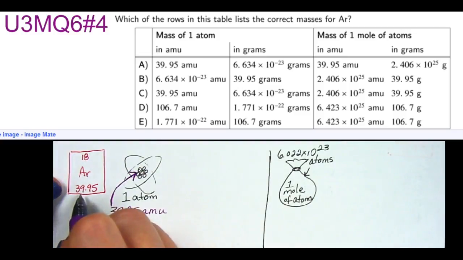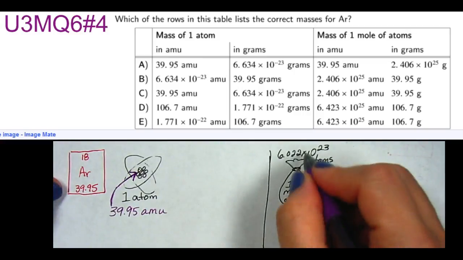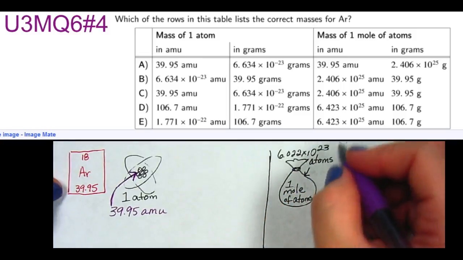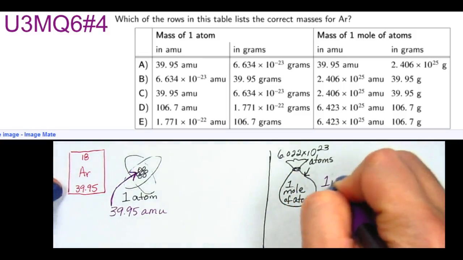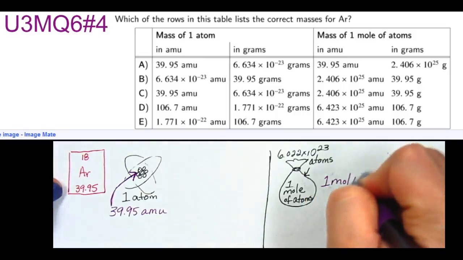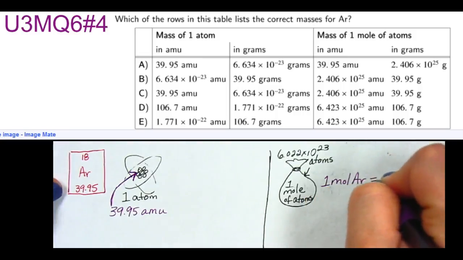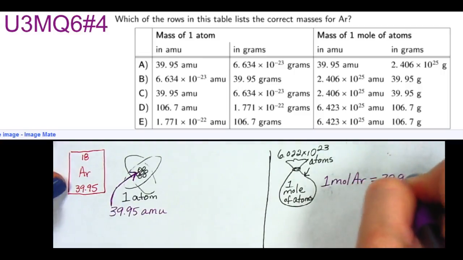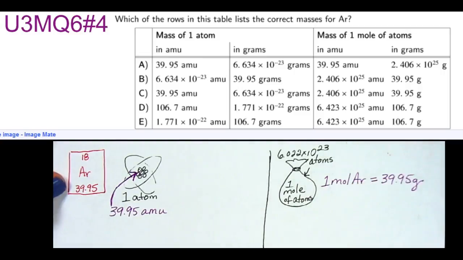We also can use this average atomic mass in terms of 1 mole of atoms, or 6.022 times 10 to the 23rd atoms. For every 1 mole of argon atoms, it is equal to this average mass of 39.95 grams.